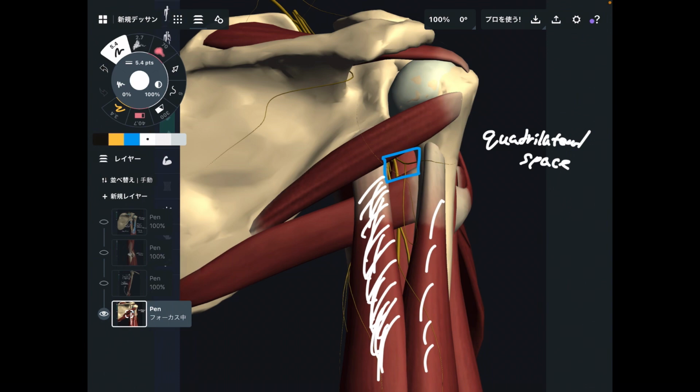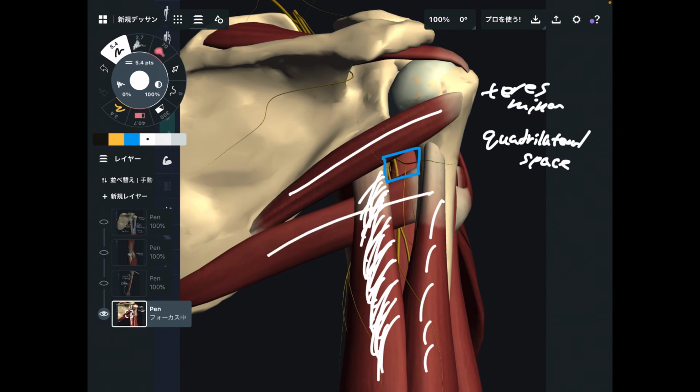Before I jump into the importance of this space, let me explain its composition. Number one is of course the triceps long head. Next one is here, this is teres minor. What about this one? This is teres major.